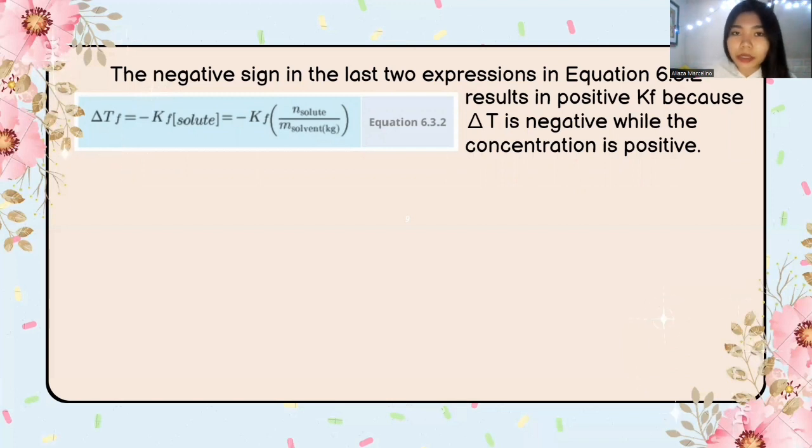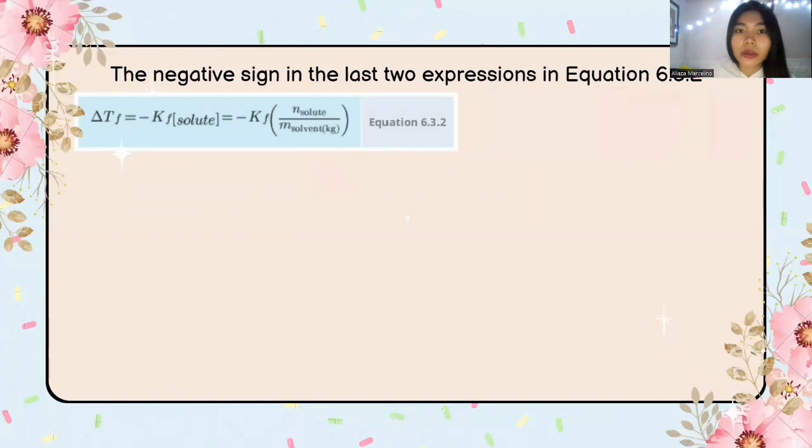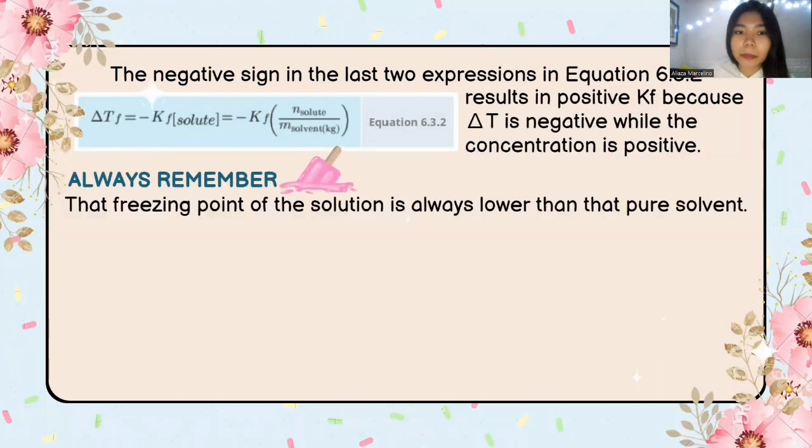In some textbooks, Kf is already a negative value. If this is the case, the negative sign should not be used anymore. So always remember that the freezing point of the solution is always lower than the pure solvent.